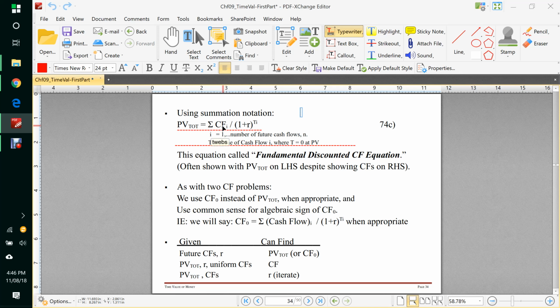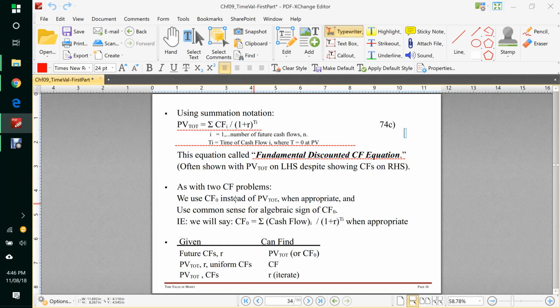So for each cash flow, discount it, and when we've got that done, add them all up. When we look at the equation this way with summation notation, we call it the fundamental discounted cash flow equation. This equation appears throughout finance, so it is a very important equation.